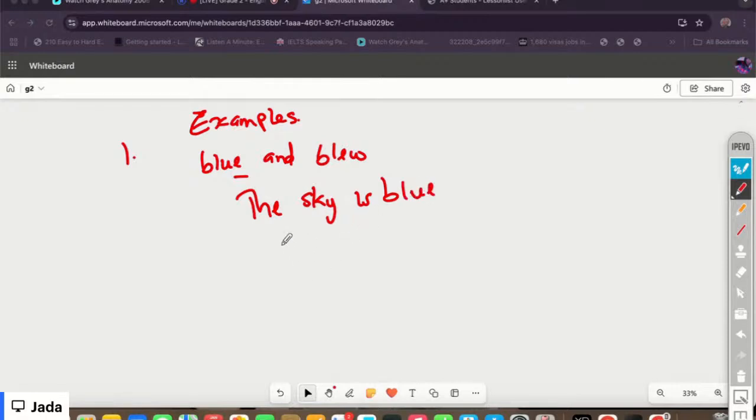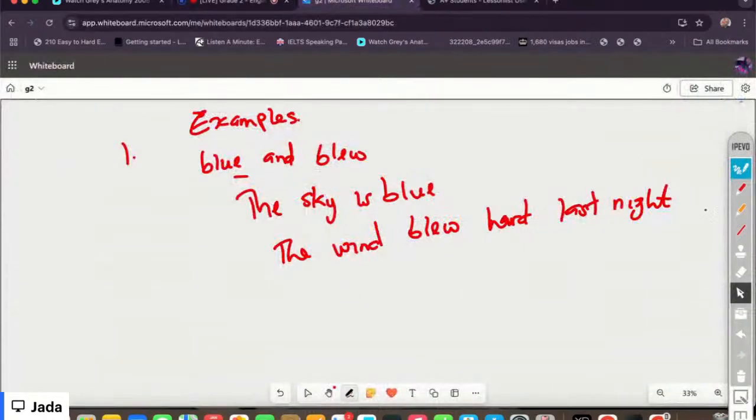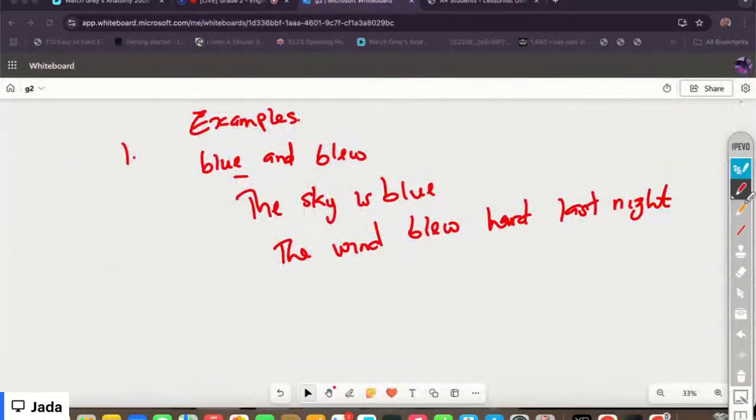And then the other one, the wind blew hard last night. Okay? So you can see that they all have different meanings, even though they sound alike.